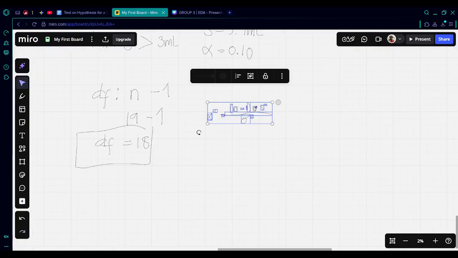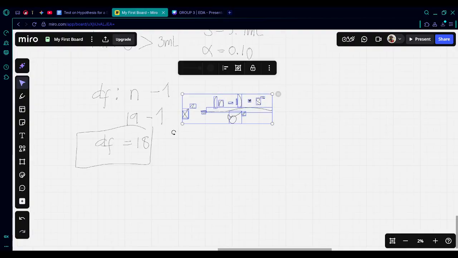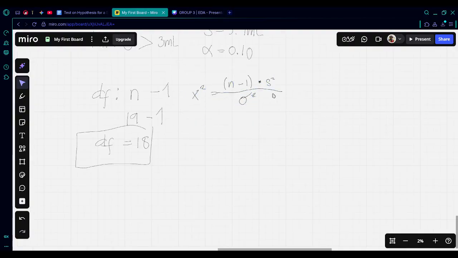As explained, this is the formula of the chi-squared, which is n minus 1 multiplied by the square of the sample standard deviation over the population variance squared.